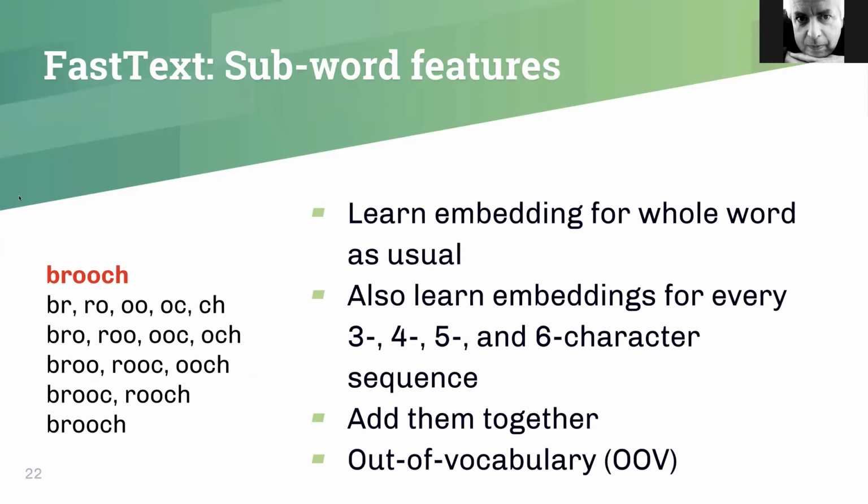In addition to learning embeddings for whole words, FastText also learns embeddings for every 3 to 6 character n-gram. The final embedding for the word is therefore the whole word embedding plus the mean of the character n-gram embeddings. Because of these subword features, FastText is learning how to compose the meaning of a word from its component parts.